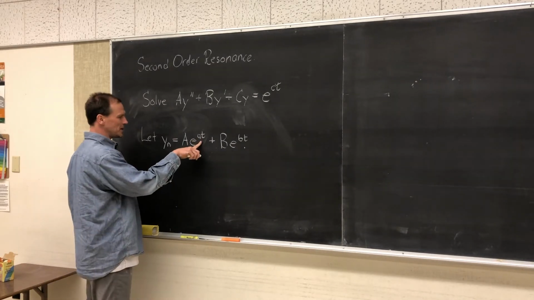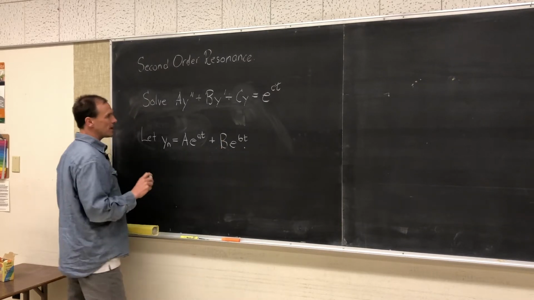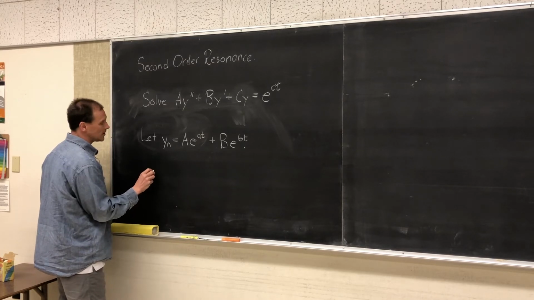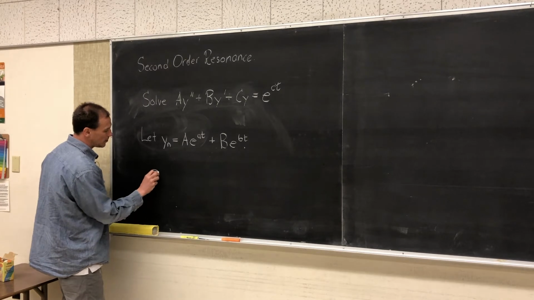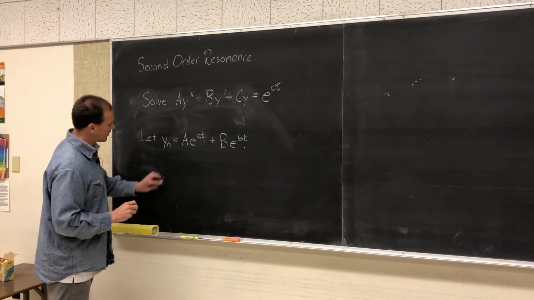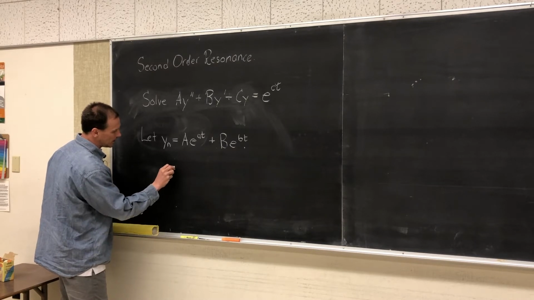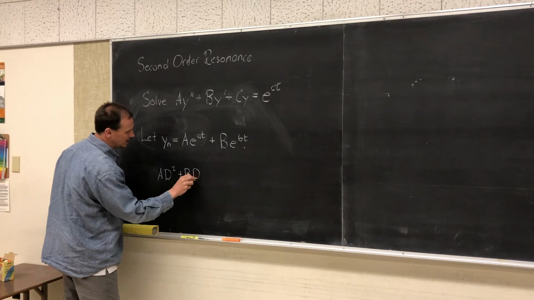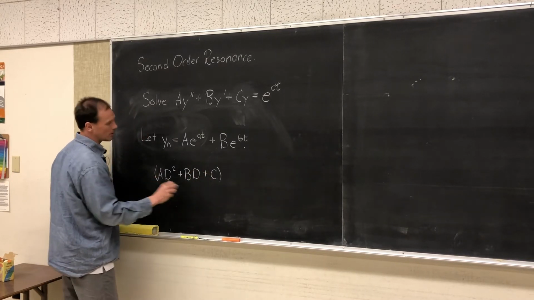So what this means is that if this is a solution to my null equation, and I was to write my differential equation as a polynomial, let's write it this way, as a D squared plus b times D plus c times y.